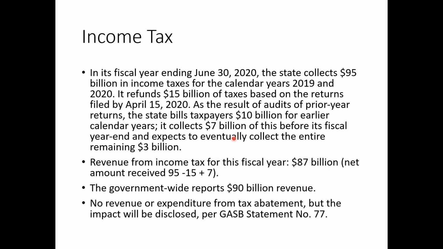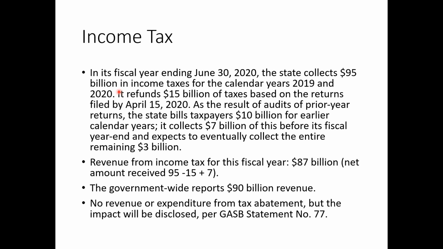In other words, it's a little bit different here, the fiscal year spans 2 calendar years. So don't get confused. The $95 billion collected here is for the fiscal year, well, fiscal year 2020, I should say.